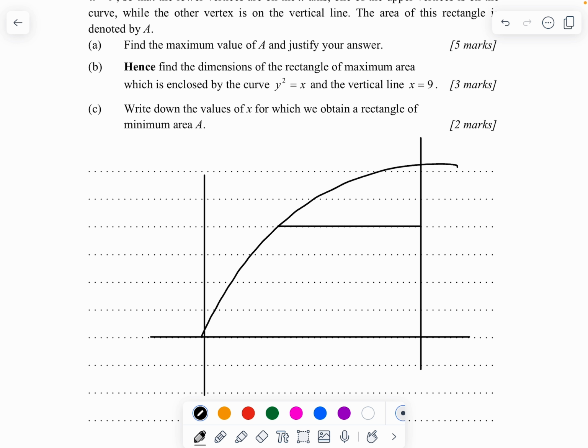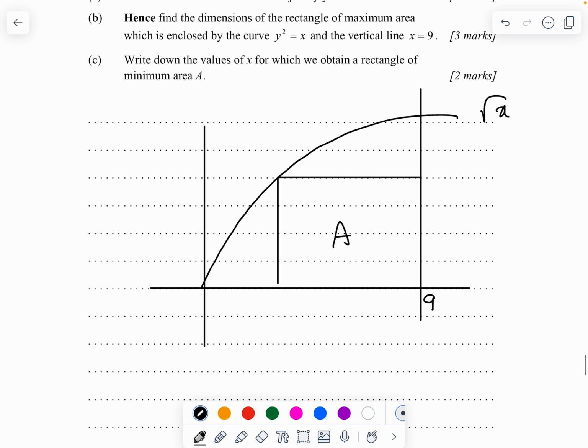So this is the square root of x curve like this. The rectangle is enclosed between these two, x equals 9 and square root of x, so that the lower vertices are on the x-axis and the upper vertex is on the curve, while the other vertex is on the vertical line. The area of this rectangle is denoted by A.